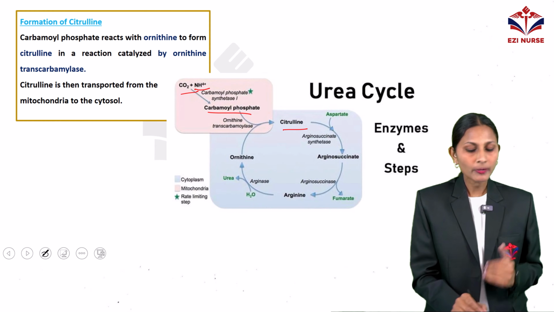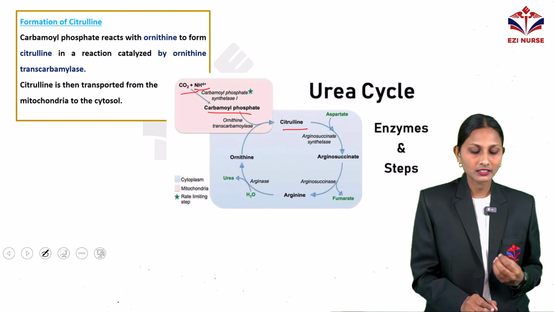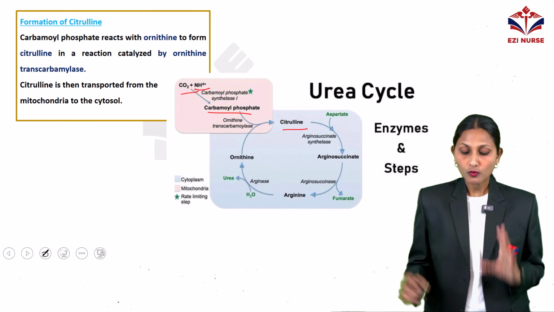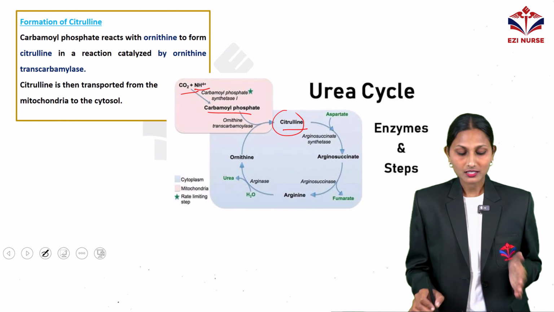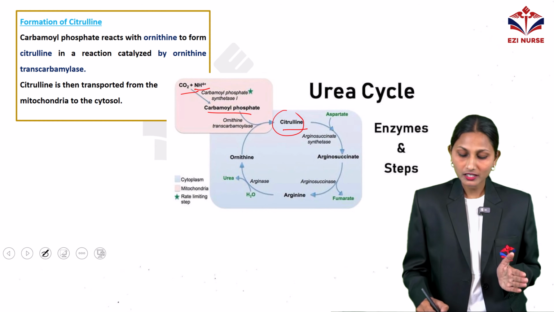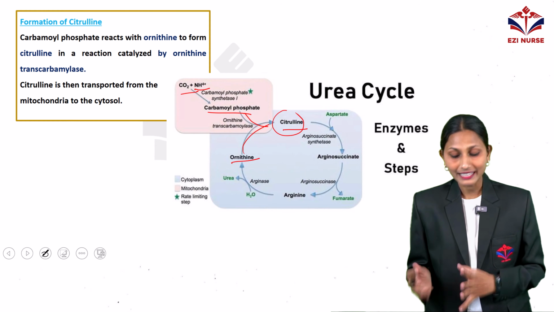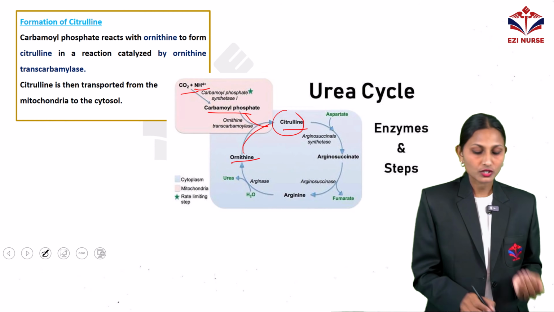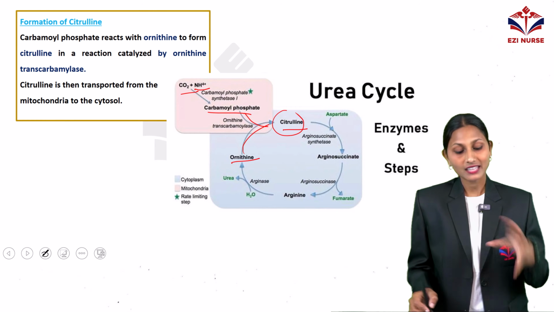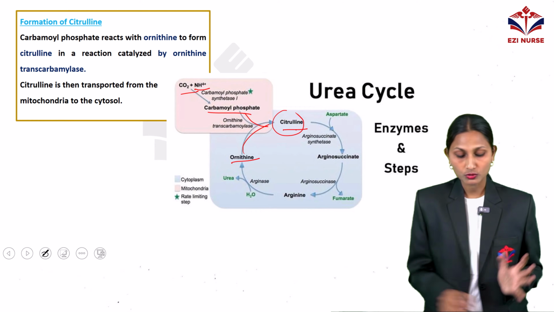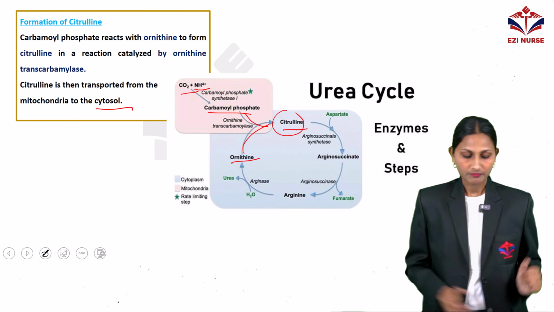Carbamoyl phosphate reacts with ornithine to form citrulline in a reaction catalyzed by ornithine transcarbamylase. The carbamoyl phosphate enters, the ornithine comes here, and they combine to form citrulline. Citrulline is then transported from the mitochondria to the cytoplasm, into the cytosol.